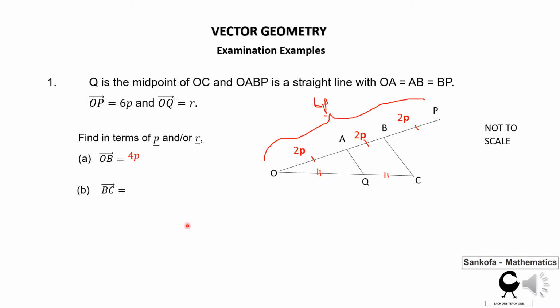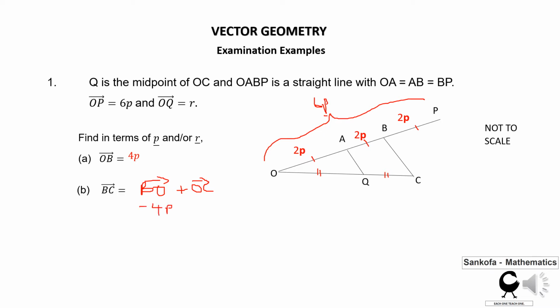Now, when you go from B to C, you are going in the direction of BO. So BC is BO all the way plus OC. Now we know that BO, you are going against, so it's minus 4p.